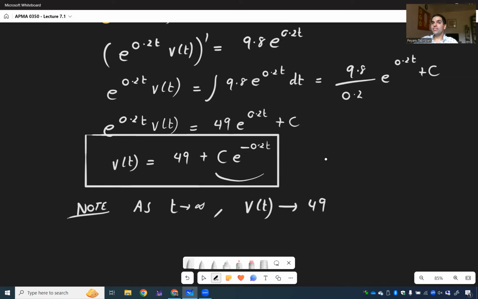And the cool thing is this limiting velocity doesn't depend on the initial condition, v of 0.